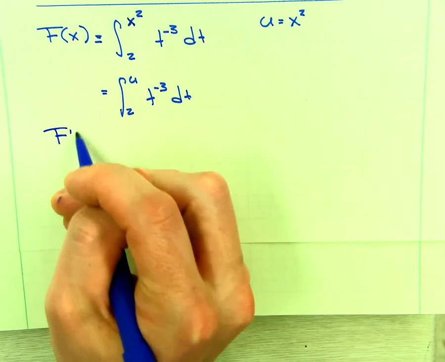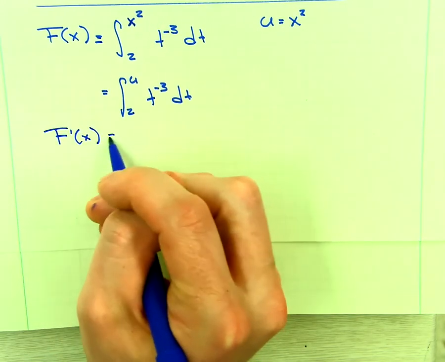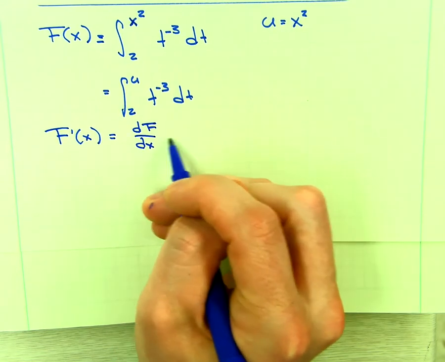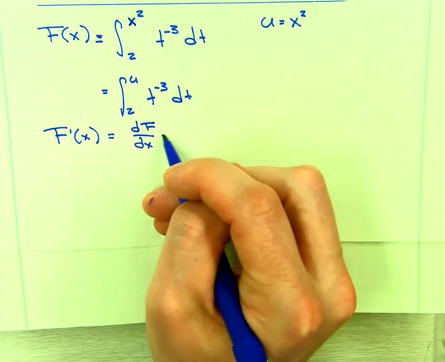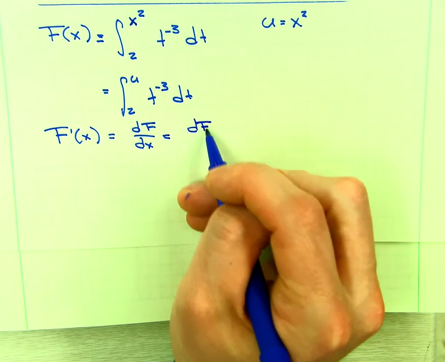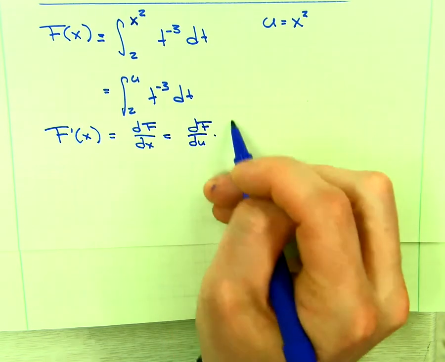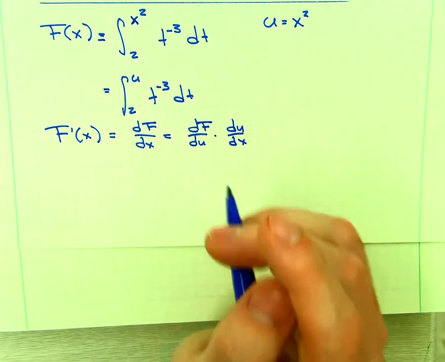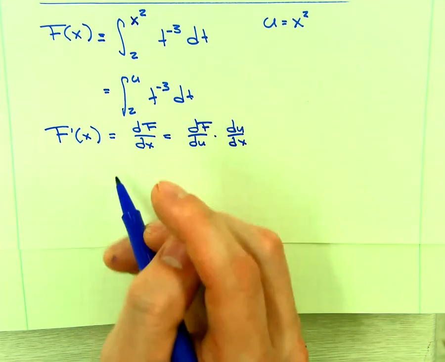So I know I'm looking for f prime of x, and this is going to be equal to df dx, or if I want to use the chain rule now that I've got it in terms of u, I can say this is going to be df du times du dx. Now I know what df du is, so this is going to be my fundamental theorem.